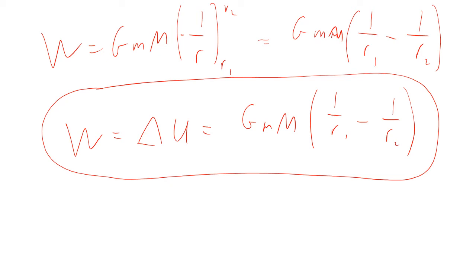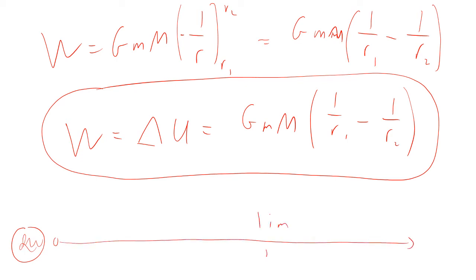If we've got Earth or some planet right here, and I'm going out here, let's take the limit as r2 goes to infinity. Then the work done is going to be equal to G M m over r1.